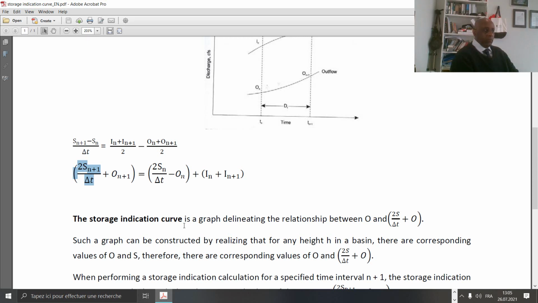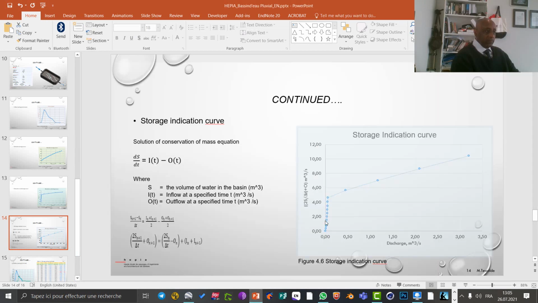Now, because we have developed the storage indication curve with this equation, let us see the equation here. With this equation against this discharge, you have a curve, so we can pick a discharge, for example, for a certain equation value.